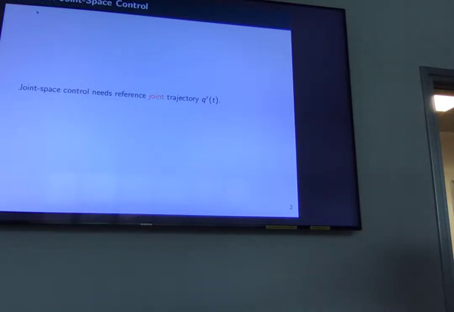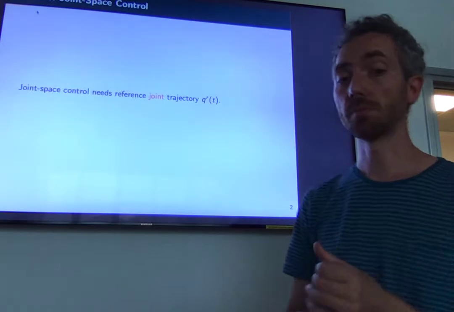If you want to do grasping, what you care about is where is my gripper and how it is oriented with respect to the object. You don't care about the joint angles. So it's much easier to specify a desired behavior in the space of the end effector pose than in the space of the joints.